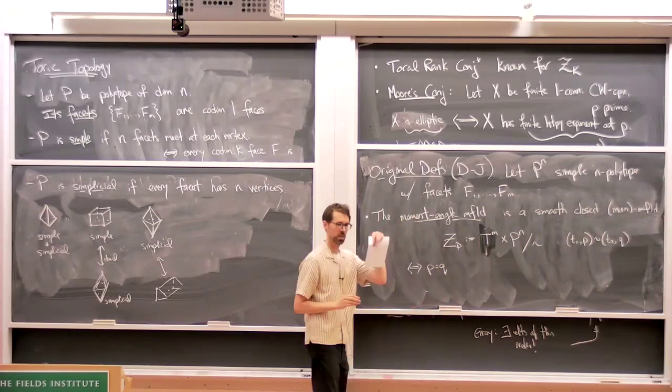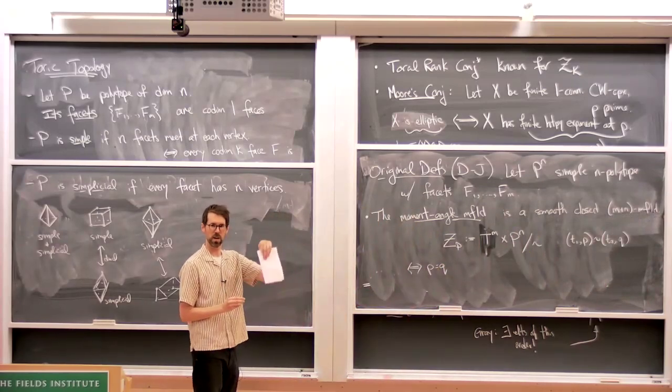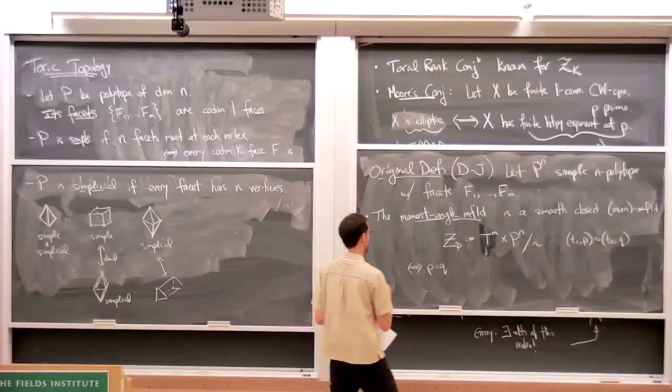You're only going to be quotienting stuff out that sit above the same point in your polytope.